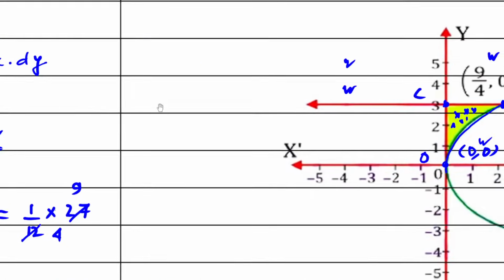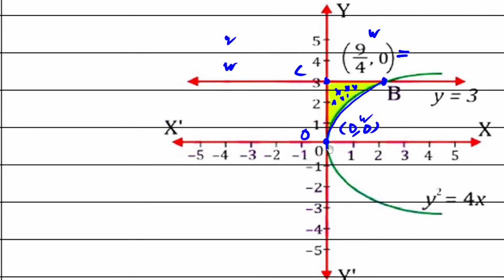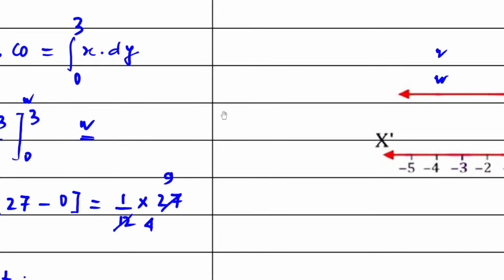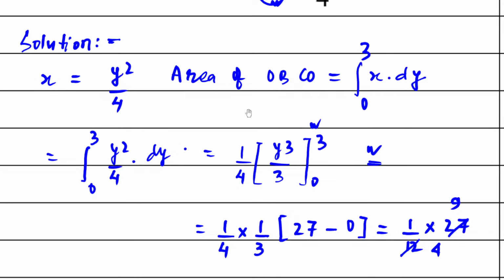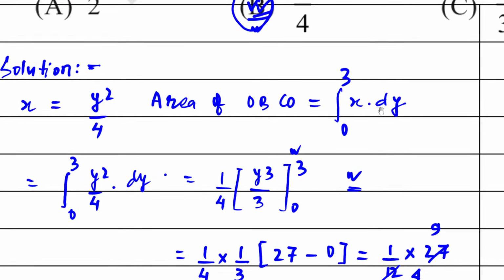From the figure, y changes from 0 to 3. So the area of the shaded region will be x into dy. The value of x is y square by 4 and the limit for dy changes from 0 to 3.